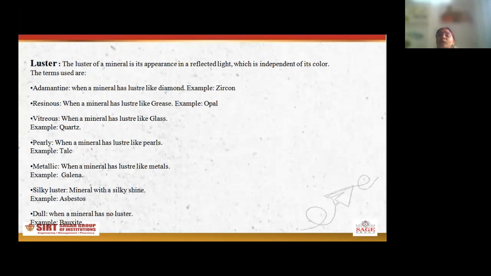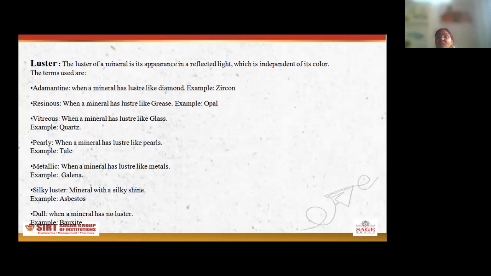Its hardness is very low, hardness one. It is a very soft mineral, and its luster is pearly. Then metallic: all metals give metallic luster, like galena, having a splendid metallic luster.